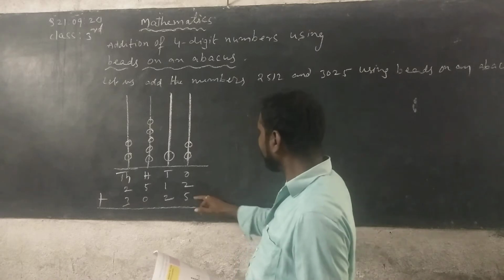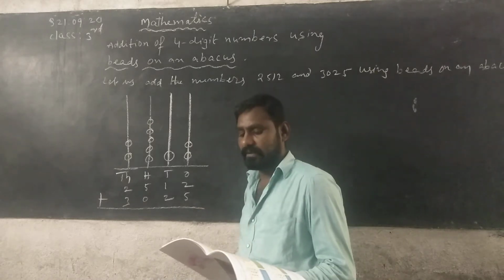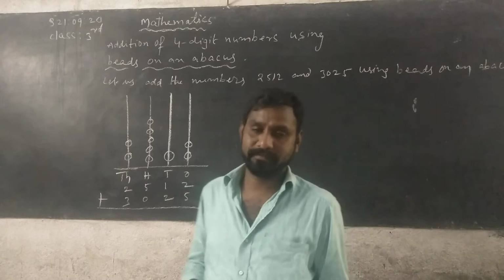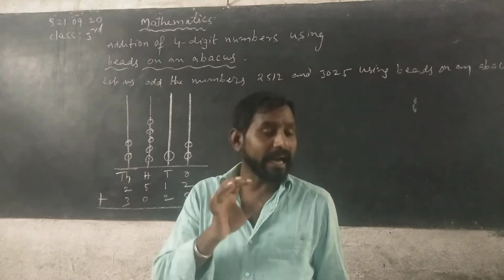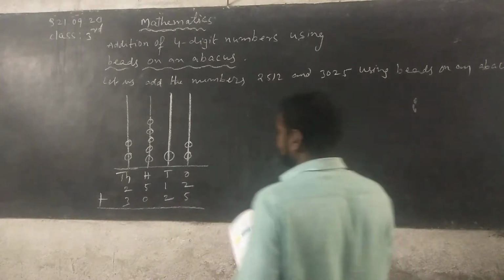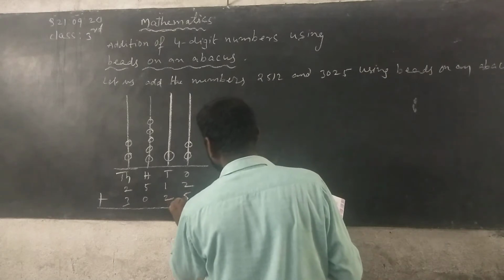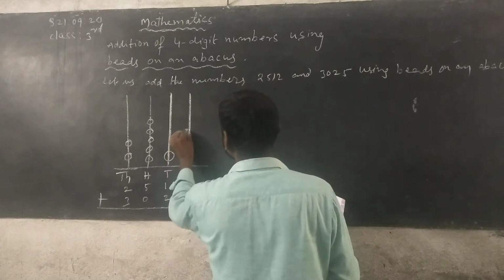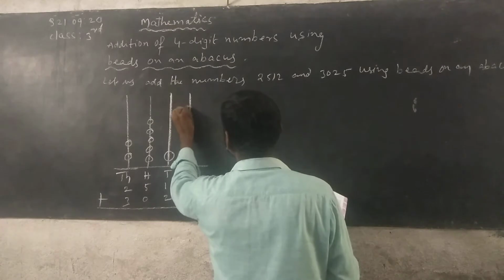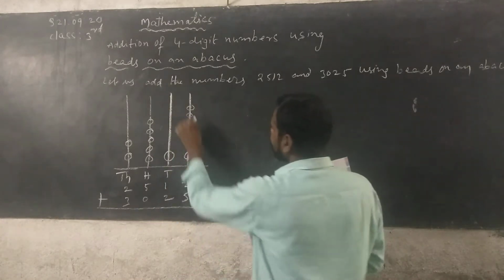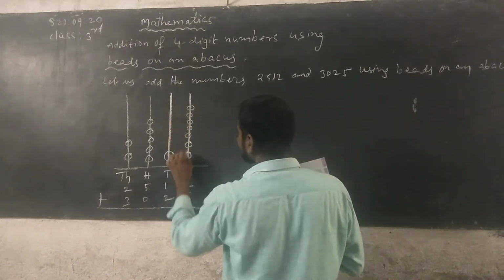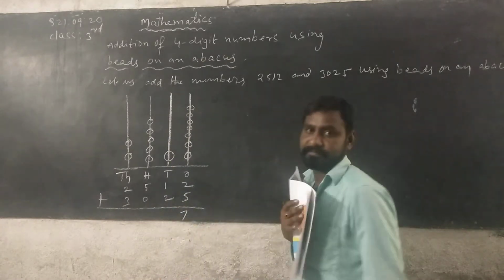So add 5 beads on the ones place spike. How many beads do you add? 5 beads. So 1, 2, 3, 4, 5. Total count: 1, 2, 3, 4, 5, 6, 7. You write it here, 7.